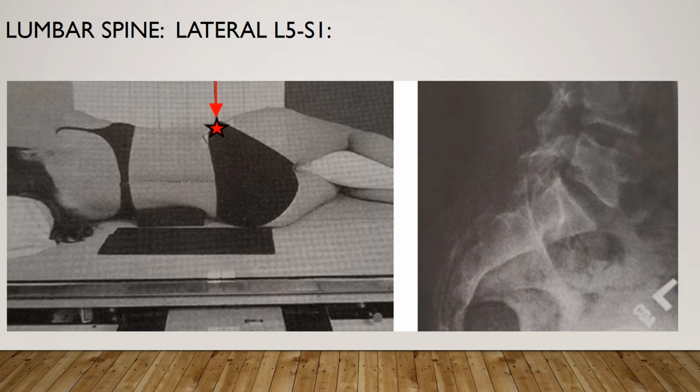For the central ray, if the entire spine is parallel to the table, then you're going to make sure you are perpendicular to a point 1.5 inches inferior to the iliac crest and 2 inches posterior to the ASIS. If the entire spine is not parallel to the table, you want to angle 5 to 8 degrees caudad.